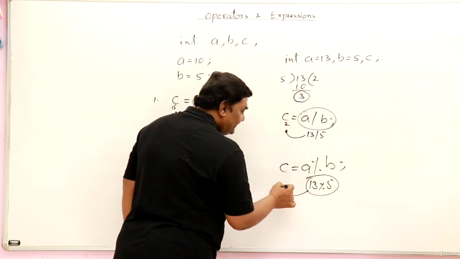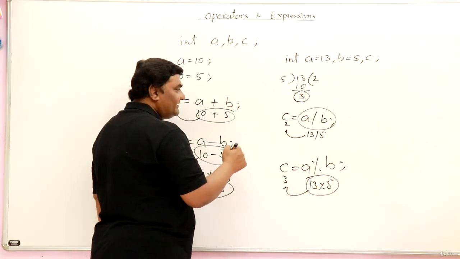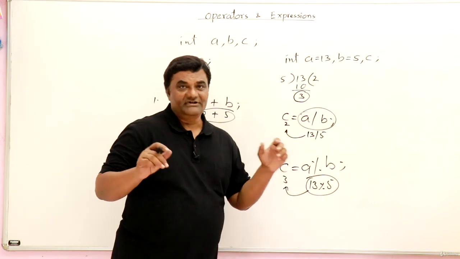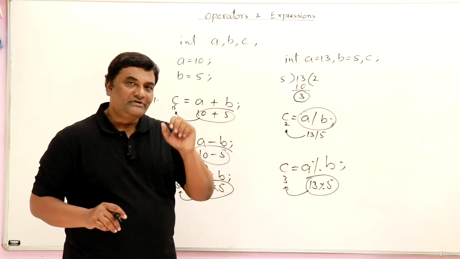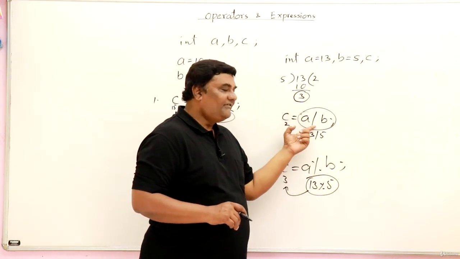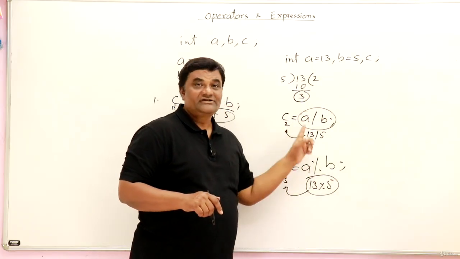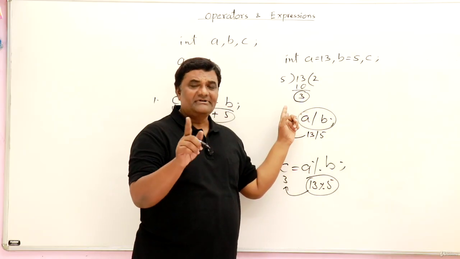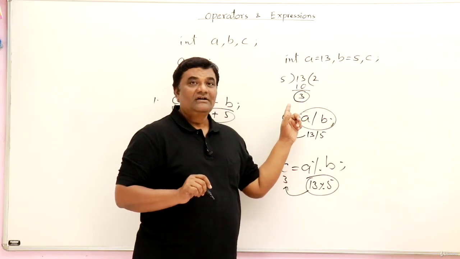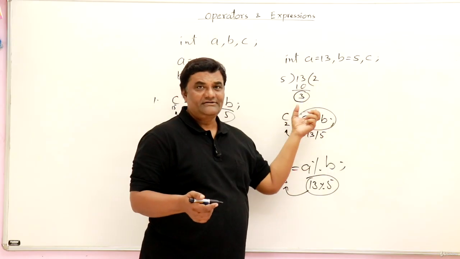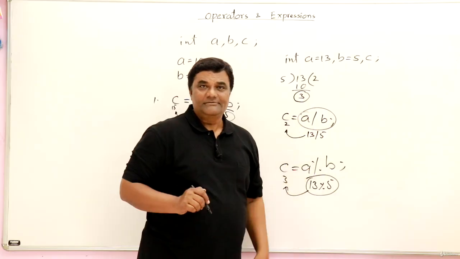So the mod operation gives the remainder of 2 numbers. You should know this difference clearly: divide gives the quotient, and mod gives the remainder. Sometimes it's confusing for students, but this is very easy. If you know clearly what is quotient and what is remainder, then you can easily remember this.